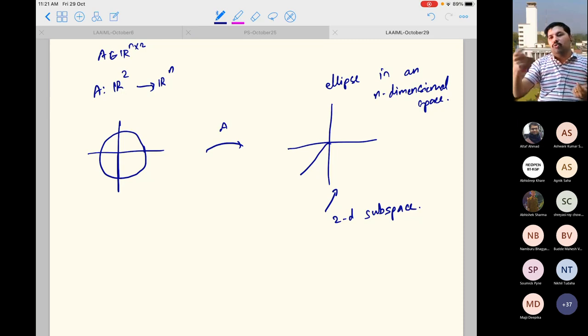The ellipse will be almost degenerate. If the columns are almost linearly dependent, then the ellipse almost looks like a line segment. That is what is happening pictorially, the geometry behind this. Is this okay? Do you understand what I'm saying?